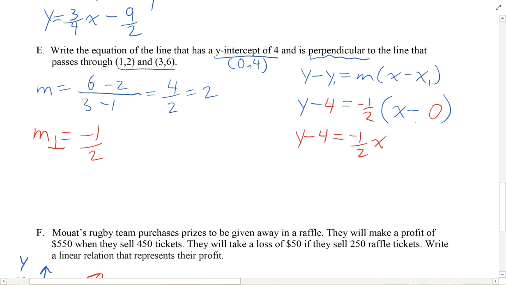So really, once we multiply in, we just get negative 1/2 x. Well, sorry, yeah, we have the y minus 4. Now move it over. So move the 4 over now, and you should get y equals negative 1/2 x plus 4. There you go. All right.